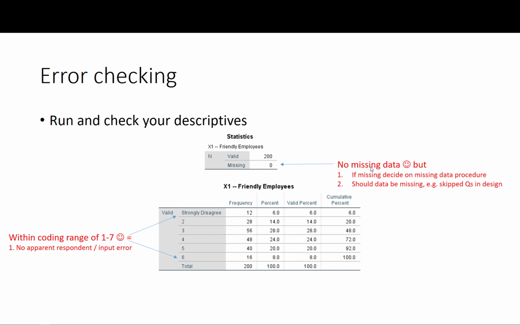If this happens, you need to go back to the original source of the data to see whether there was an actual answer given. But often respondents do miss answering questions unless they are forced to put in an answer. So there are various decisions that need to be made. If there is data missing, what are you going to do?